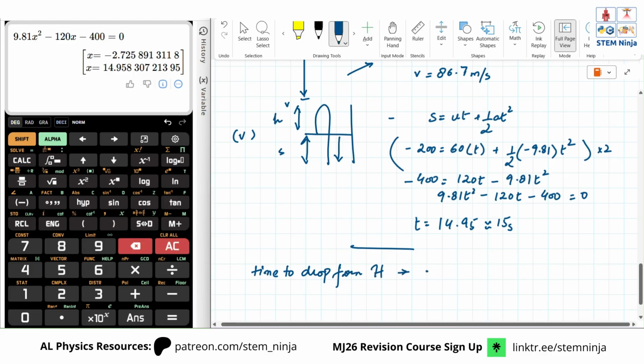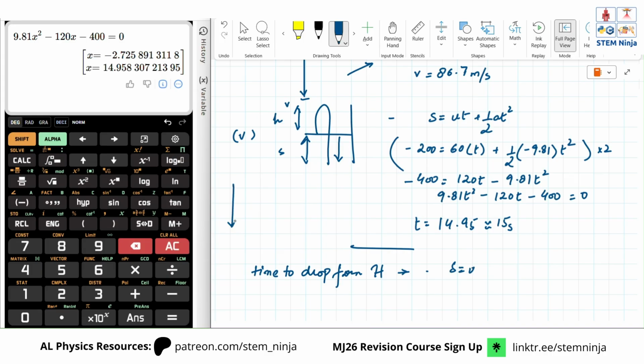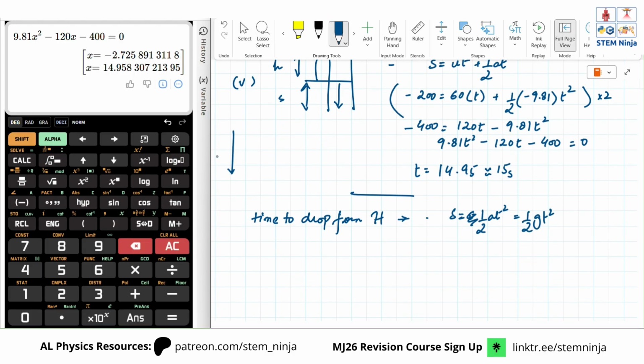Since at the highest point u is 0, we can use s equals half a t squared, or simply half g t squared. So this would be just the time to drop from the maximum height.